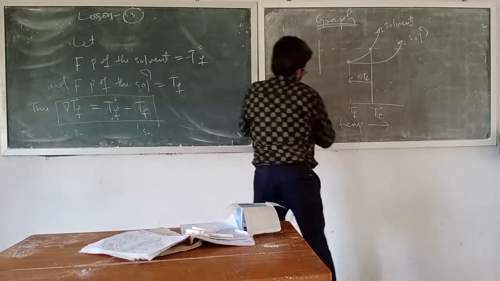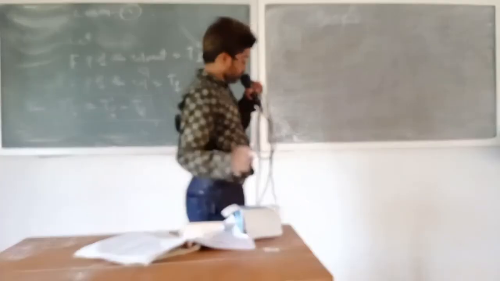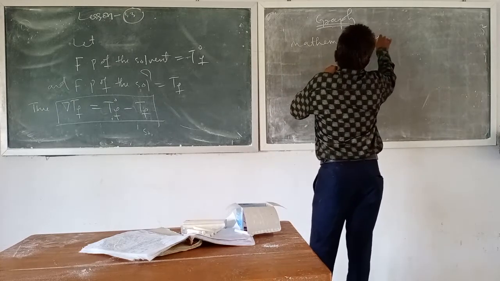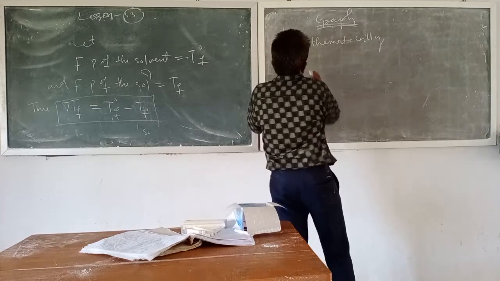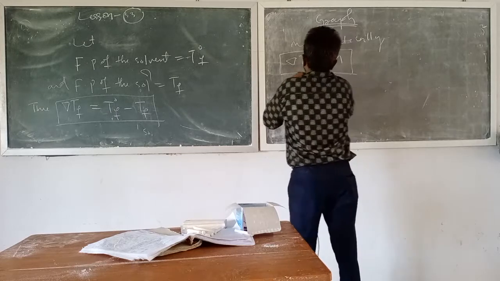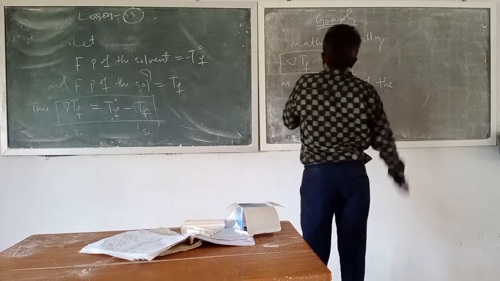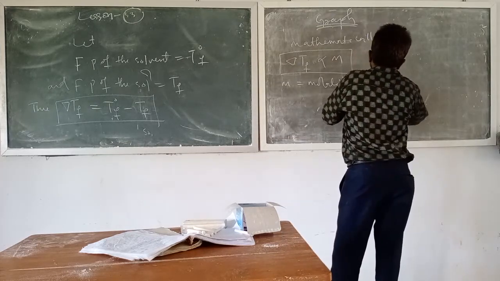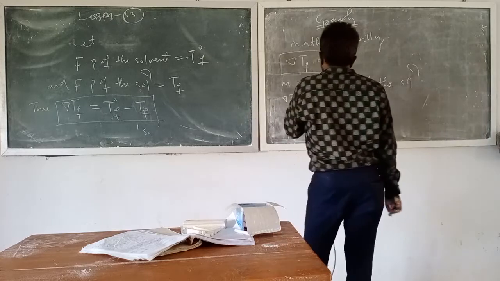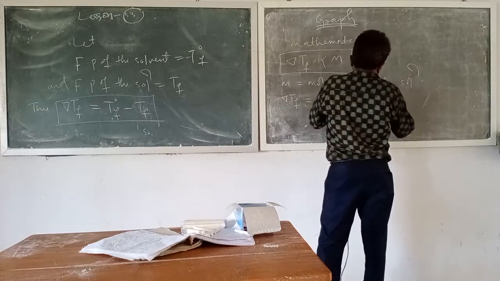So mathematically we know that delta TF is proportional to M, where M is the molality of the solution, and delta TF, we know, is the depression in freezing point.